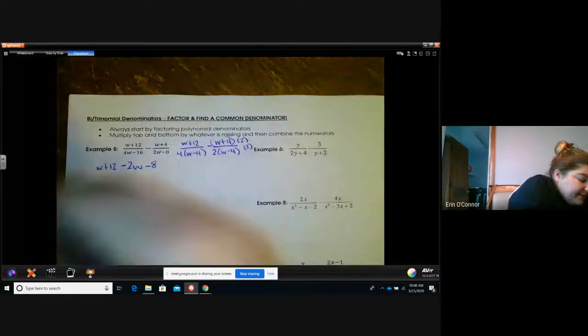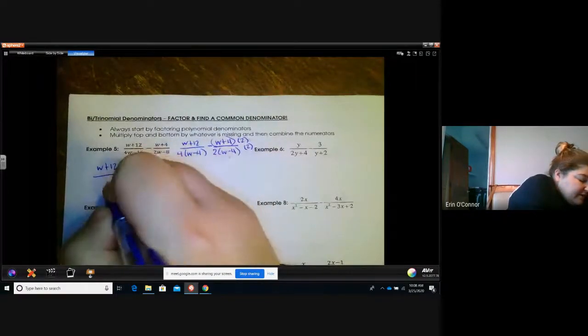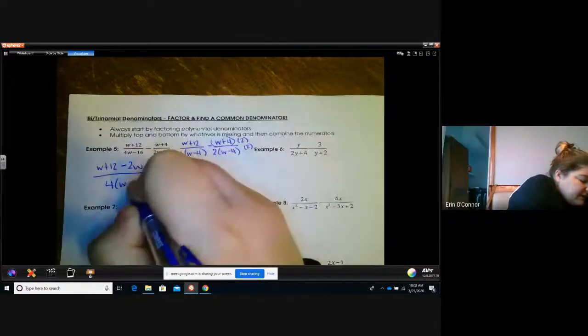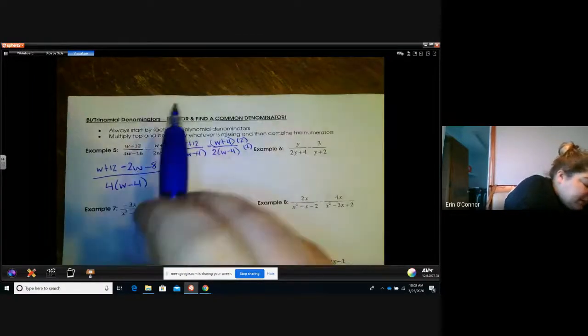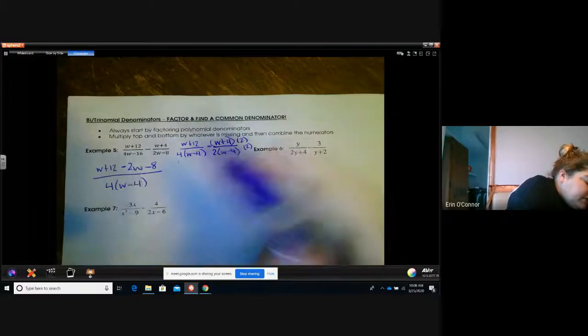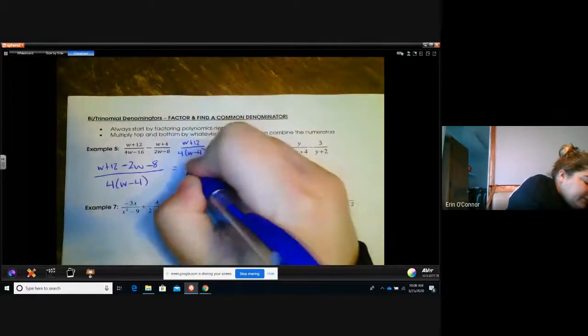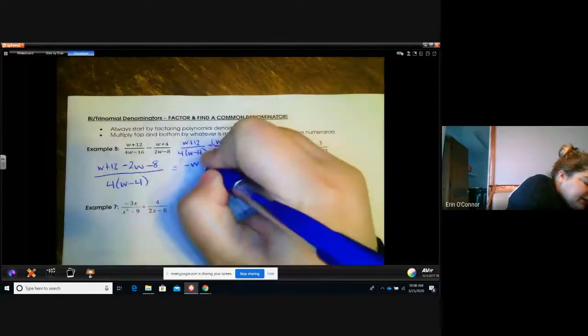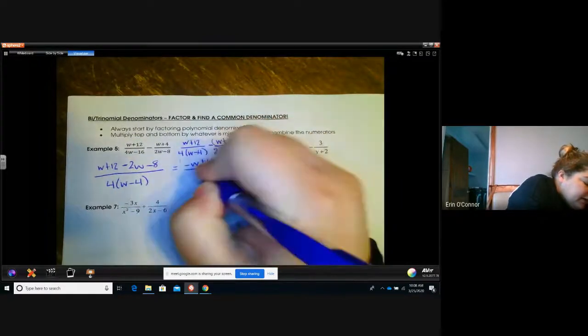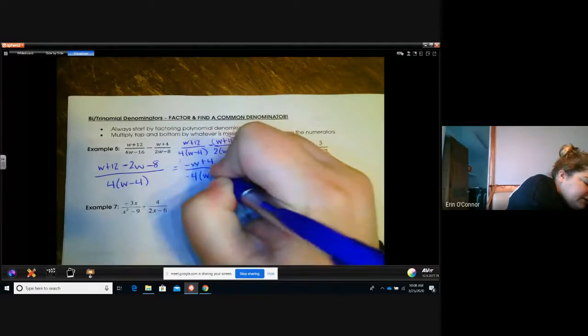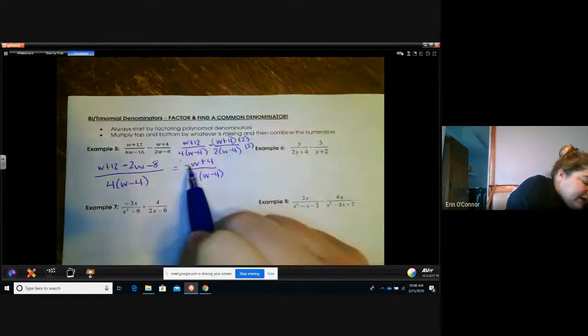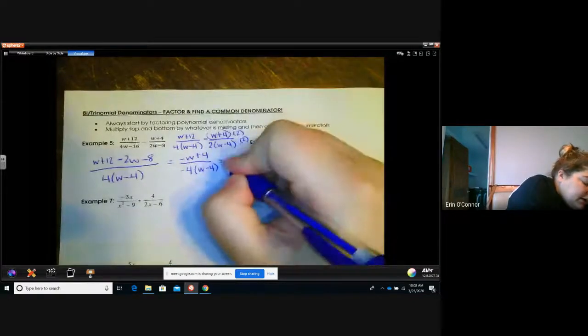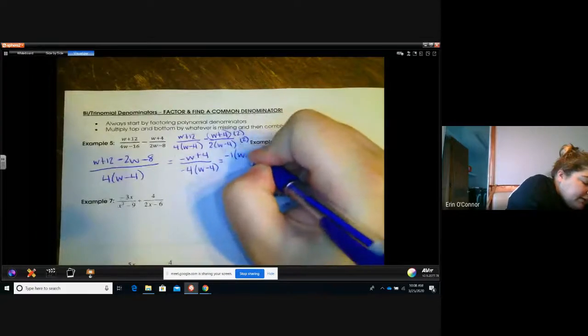So minus 8 over 4 times w minus 4. So now we combine like terms. W minus 2w is negative w. 12 minus 8 is a positive 4 over 4 times w minus 4. Now I can factor out a negative 1 in the numerator, and I get negative 1 times w minus 4.